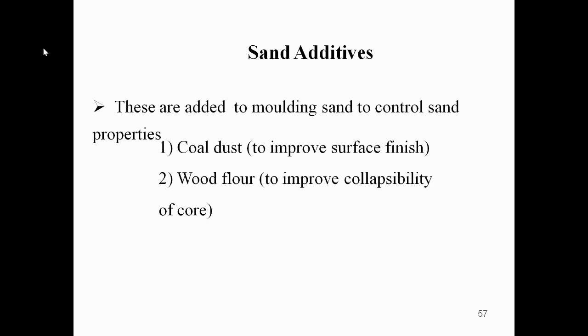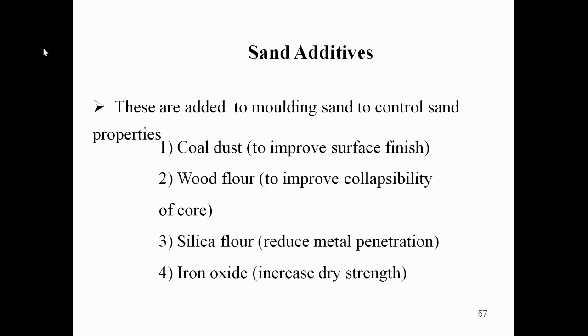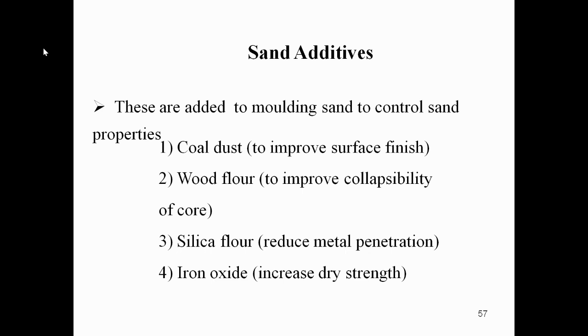Next is wood flour. This is used to improve the collapsibility of core. Next third is silica flour, which reduces metal penetration. Next fourth, iron oxide, increases dry strength. These are the different sand additives.